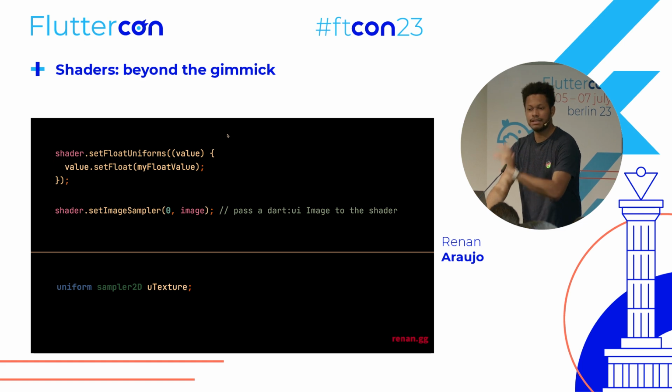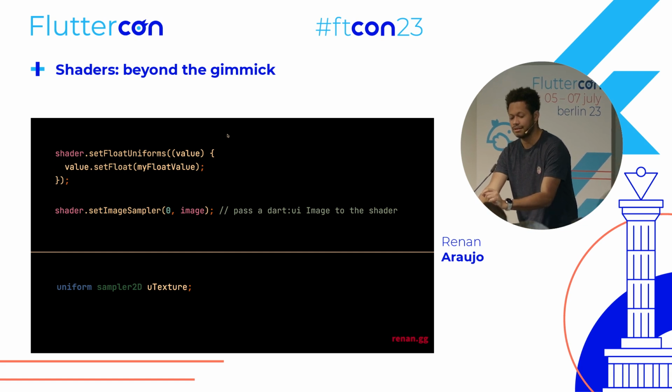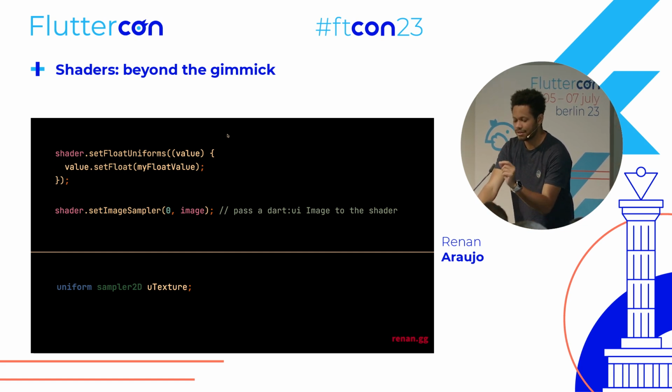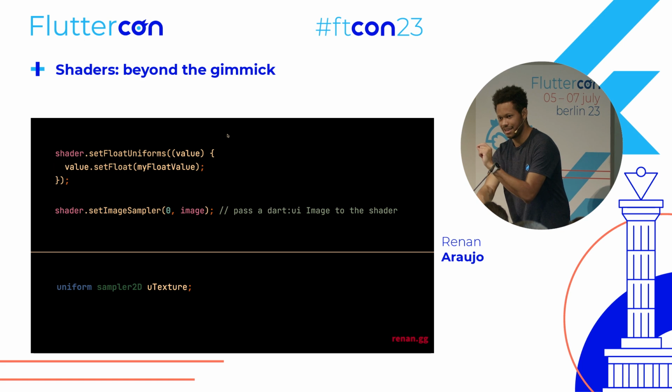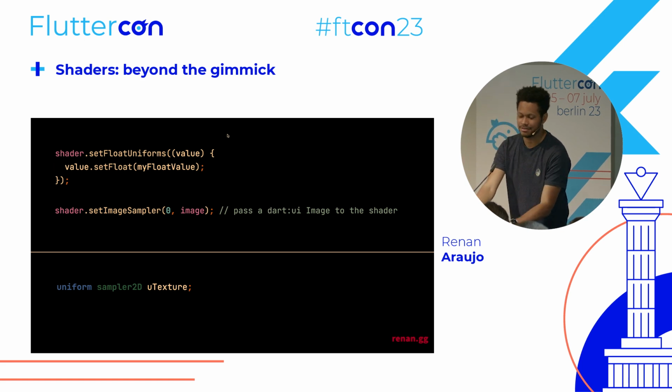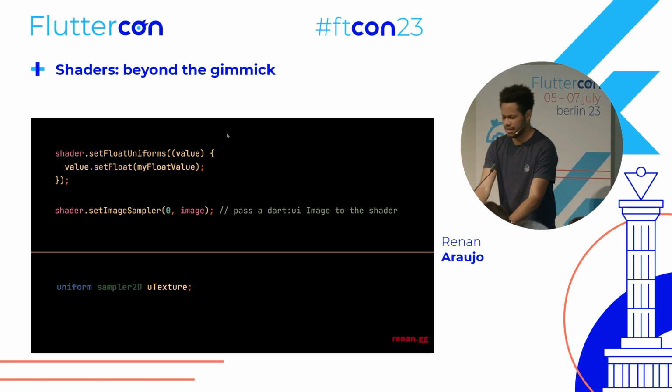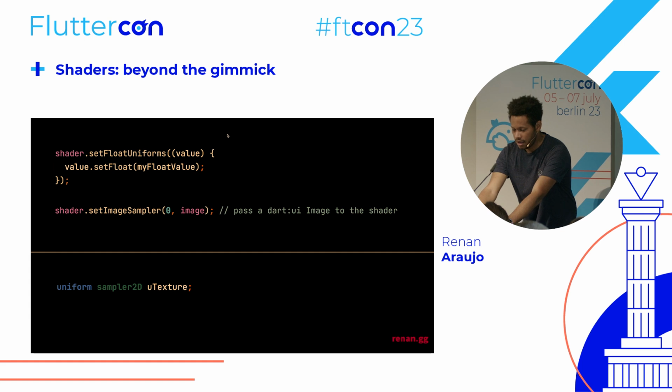And then you receive on the GLSL side uniform sampler2D, uniform texture. I mean, it's just a convention to start the names of uniforms with u. I like to start the names of uniform textures with a little t. So in this case, I use tTexture. But that's just me, it's a me problem.